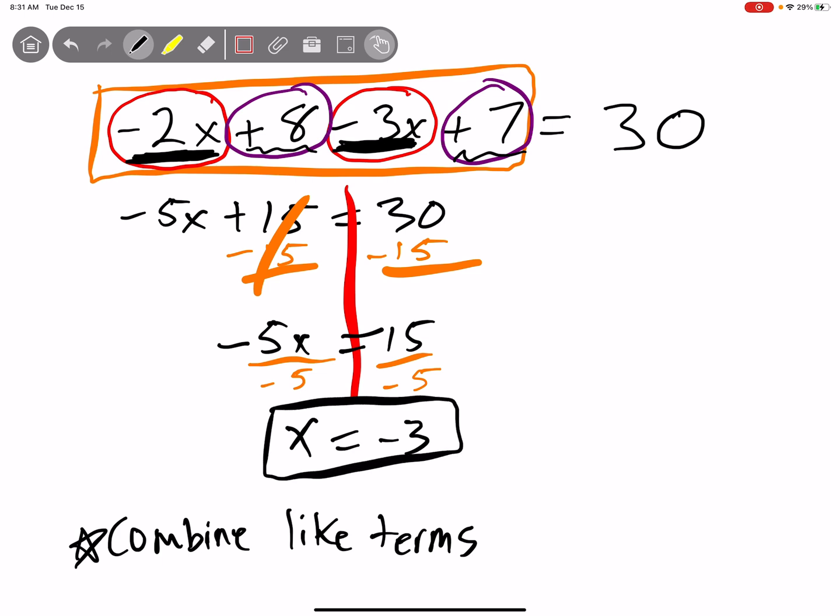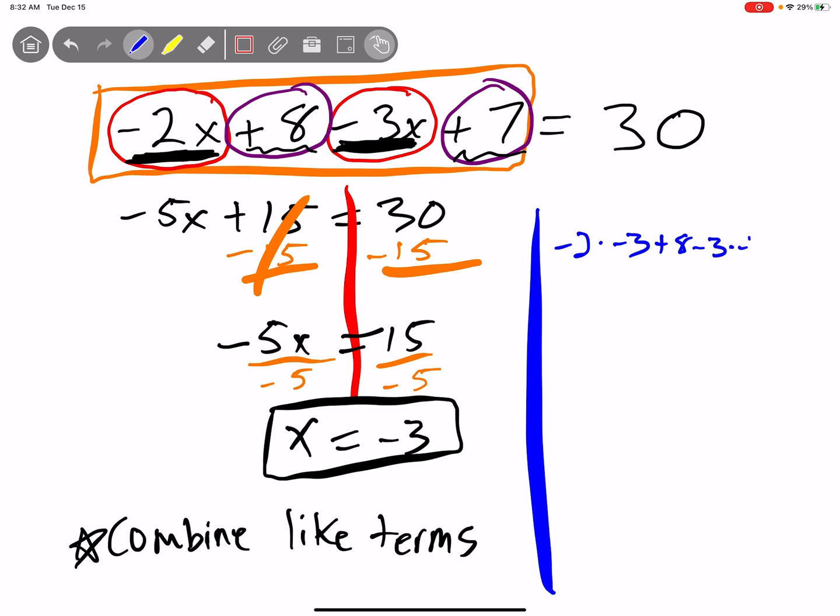And that's my answer. And I can do a brief little check here if I wanted to, okay? I'm going to do it right here. Negative 2 times, remember x is negative 3, negative 3 plus 8 minus 3 times negative 3 plus 7 equals 30.